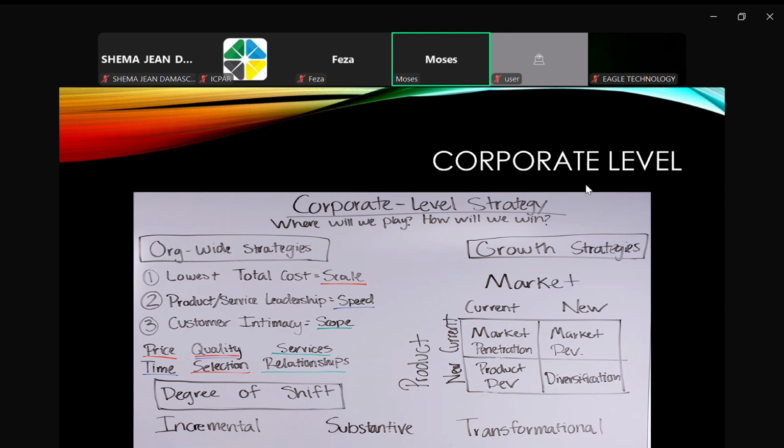In this chapter, we are going to talk about corporate level strategy, and then business level strategy, and then all things that are surrounding these 2 elements, such as entrepreneurship, strategy development, as well as assessment of strategies.